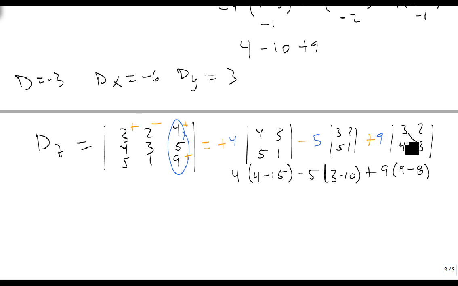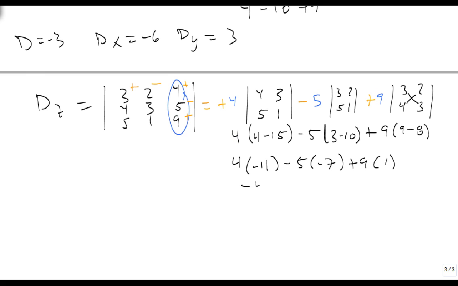So remember, we multiply and subtract the up one from the down one. Well, this is 4 times minus 11 minus 5 times minus 7 plus 9 times 1. So that's minus 44 plus 35 plus 9. Well, 35 plus 9 is 44, so this is minus 44 plus 44, which turns into 0.